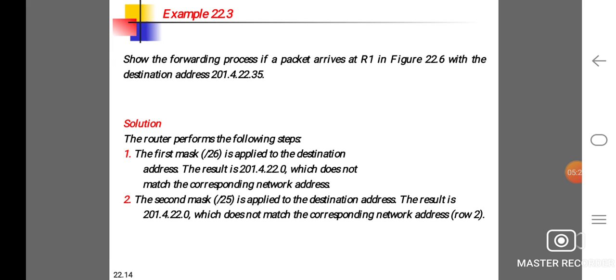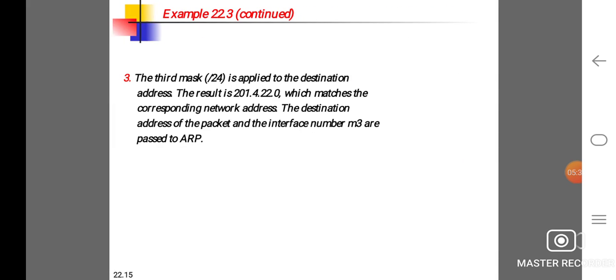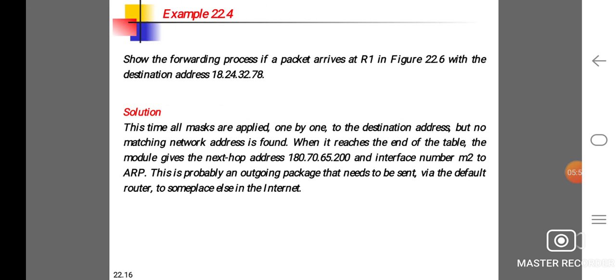The second mask 25 is applied. The result is 201.4.22.0, which does not match the corresponding network address represented in row 2. The third mask 24 is applied. The result is 201.4.22.0, which matches the corresponding network address. The destination address of the packet and the interface number M3 are passed to ARP.